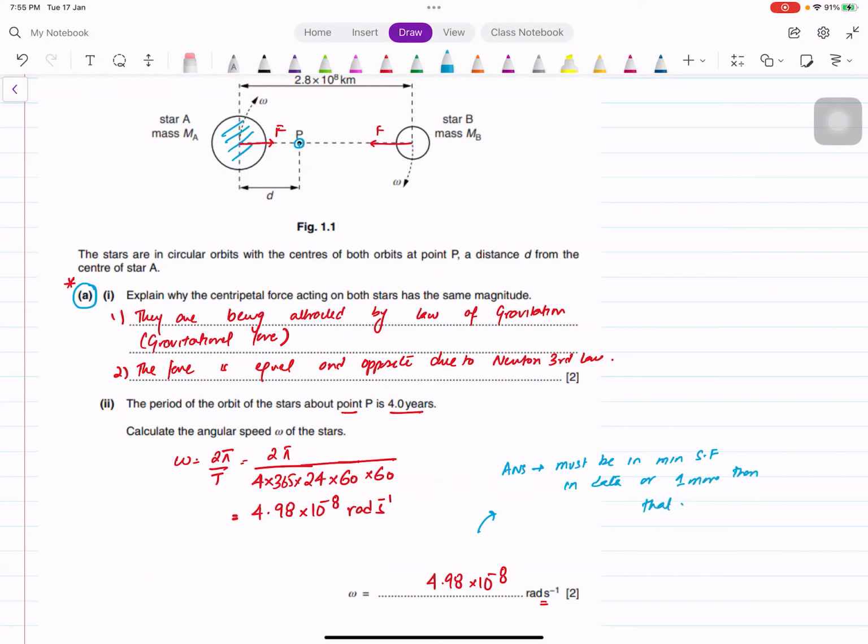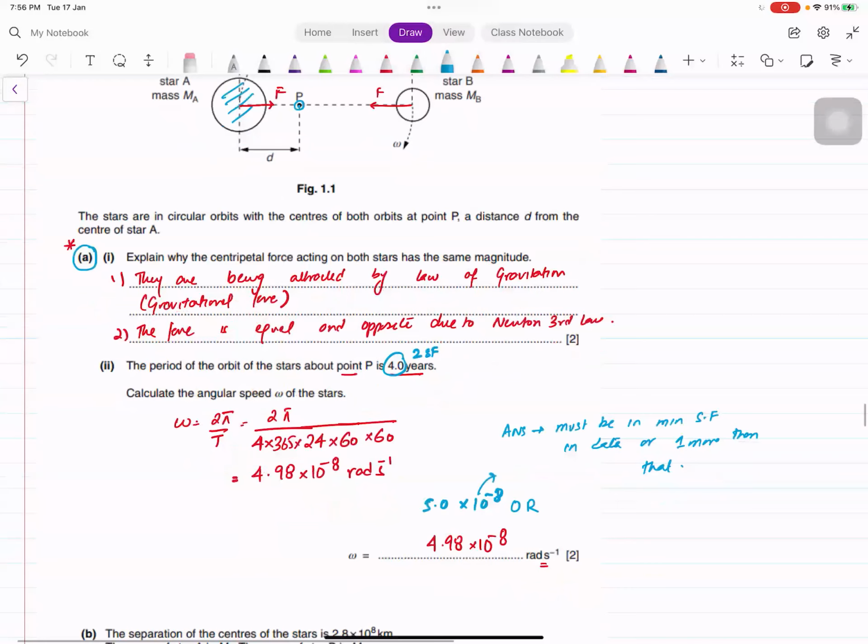For example, in this question, there are 2 significant figures in the data, so your answer should either be 5.0 times 10 raised to minus 8, or one more than that, which is 4.98. Do you understand this? Significant figure rules are very important. Please follow them.